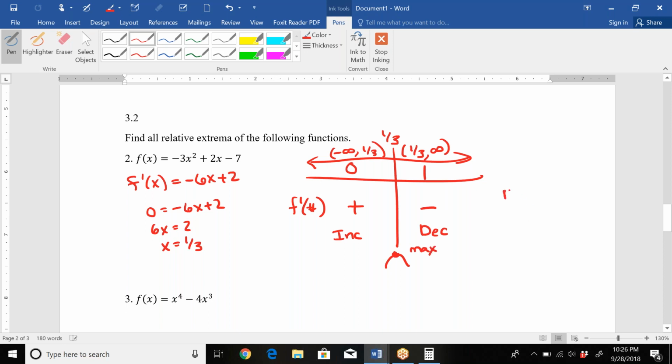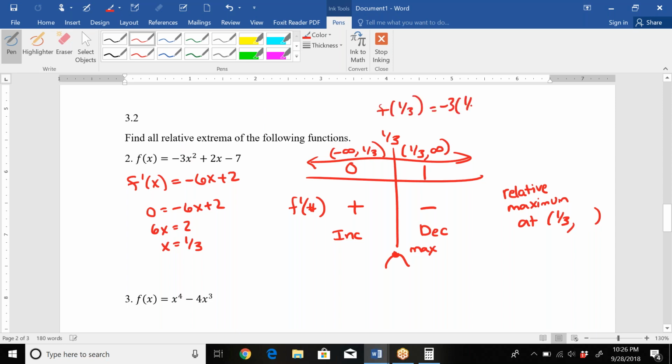Now, that means that we have a relative maximum at 1/3 for x, and we need the y value. To get the y value, you plug 1/3 back into the original function because that's where ordered pairs come from.